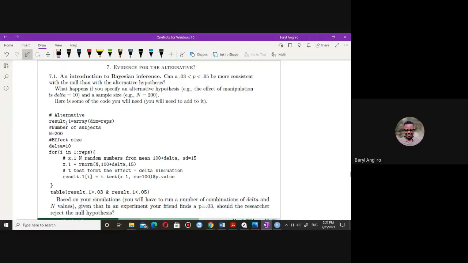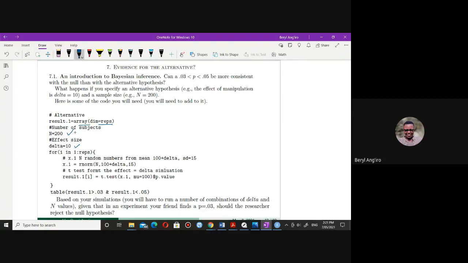So we have that alternative, result.1, that is the first result. We want it in the form of an array with the dimension of the number of times that you're iterating. Then the number of subjects is 200. For effect size, we have that delta is 10.